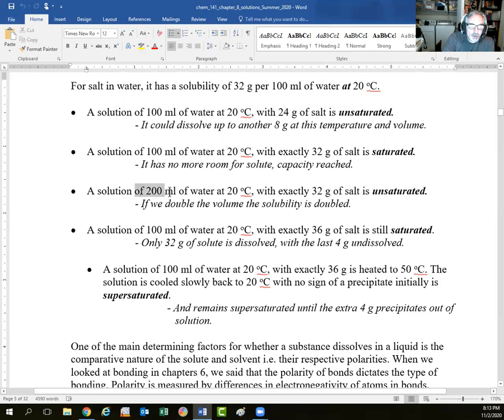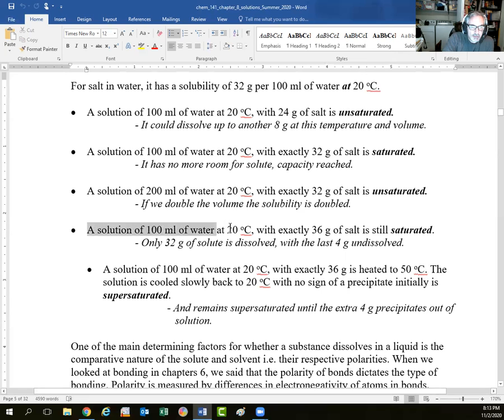If we were to double the volume, 200 milliliters should be capable of easily dissolving 32 grams, so we'd say the solution is unsaturated again. Remember, increasing volume gives increasing solubility.